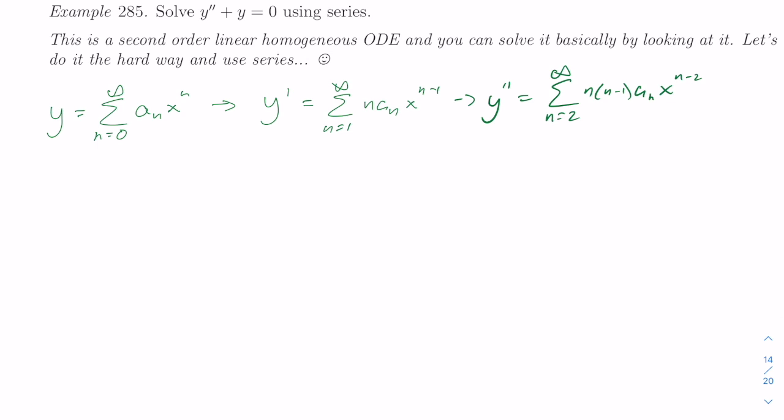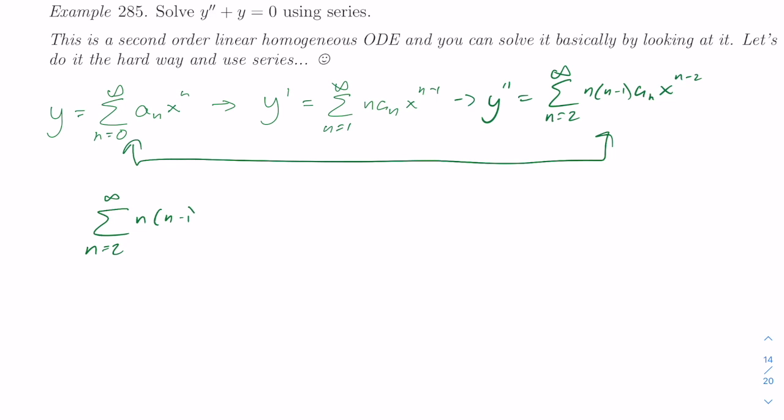Okay. And easily enough, all I have to do is add those two together, so we're off to a good start. It is y double prime, n equals 2 to infinity, n times n minus 1, a sub n, x to the n minus 2 plus n equals 0 to infinity, a sub n, x to the n, right?